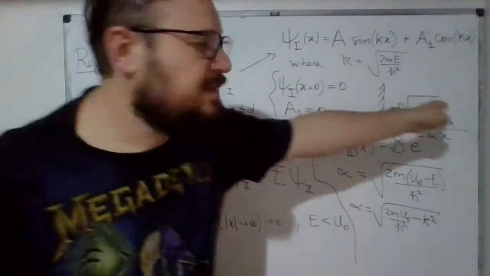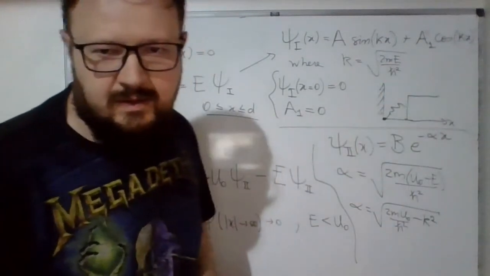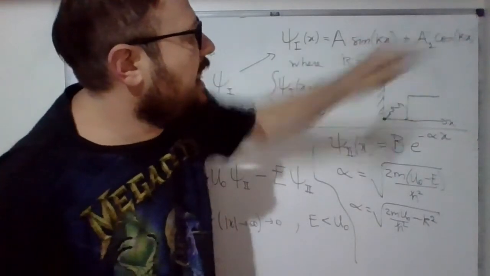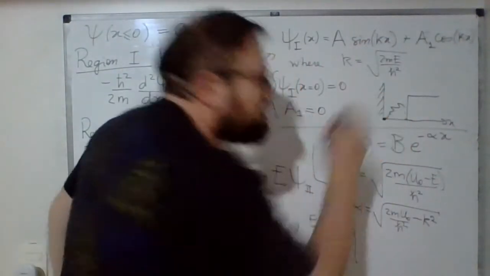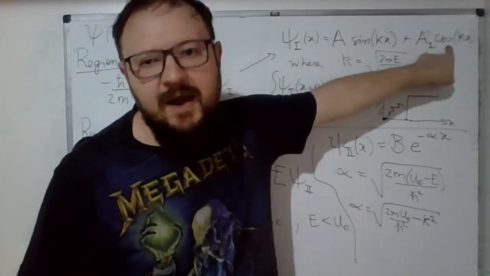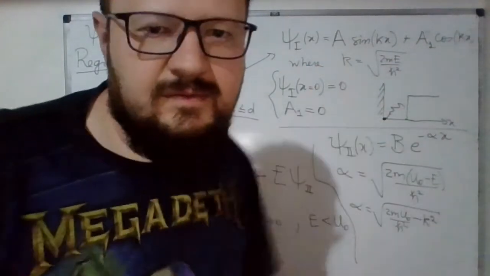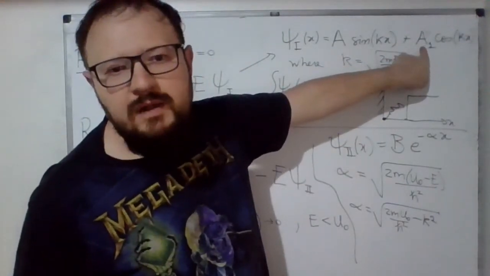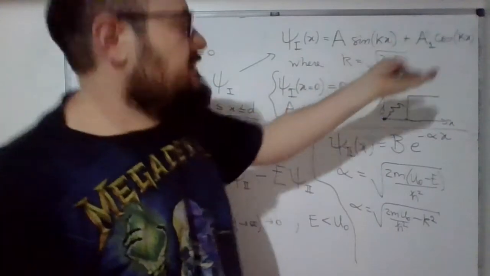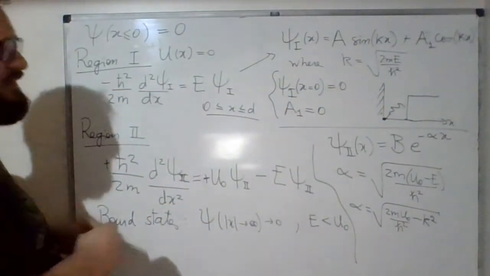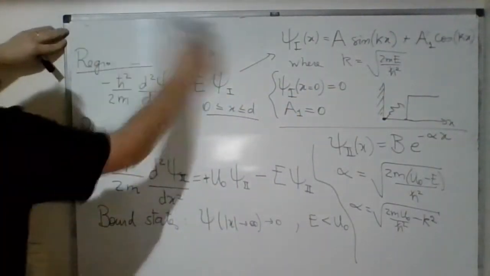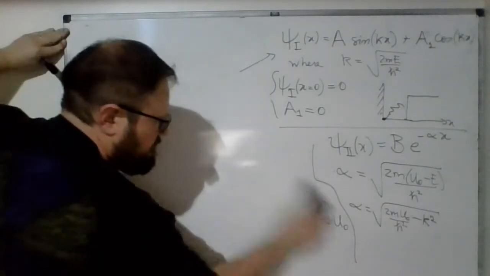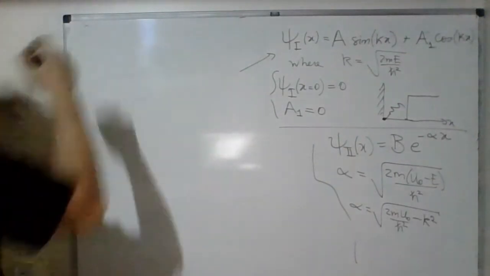You don't know what happens after. Well, you already will know because it's a sine of kx, but right at this point, the function must be 0, and that part of the solution will never be 0 unless your constant A1 is 0. Therefore, the solutions we are talking about have the following properties.